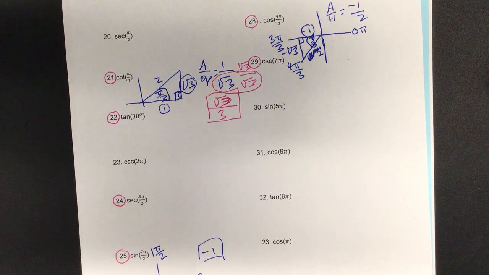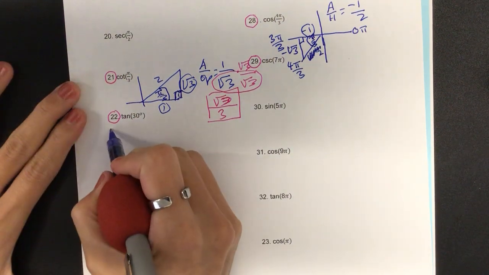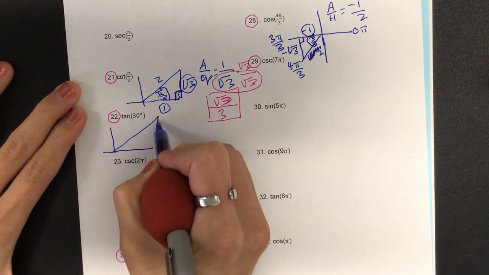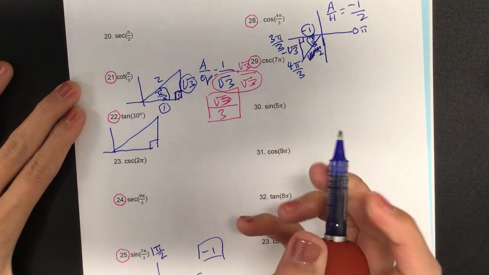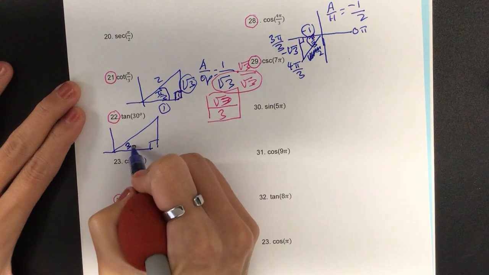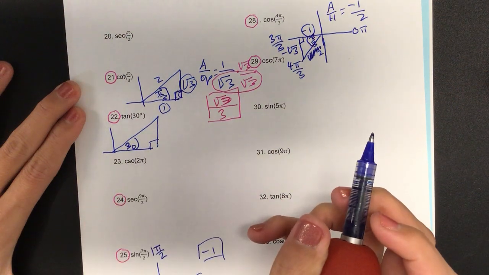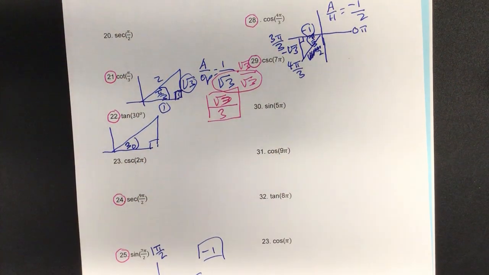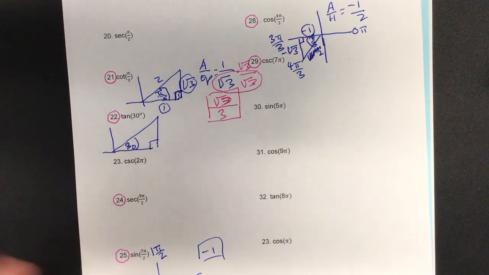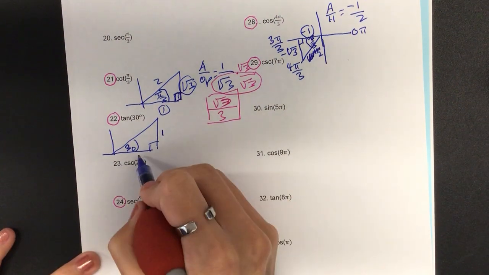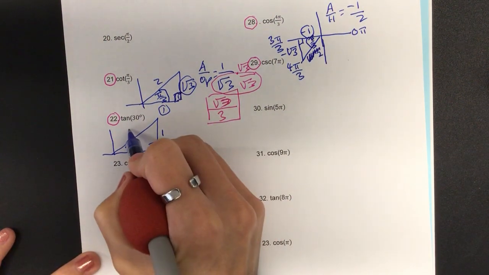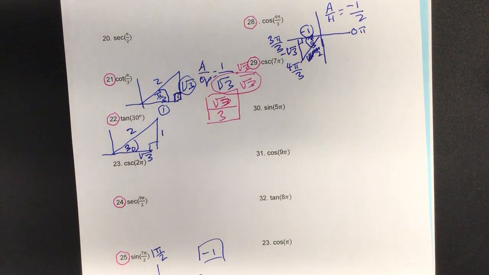Okay, now let's go to number 22. Now we're looking at 30 degrees. Go ahead and draw me a triangle. Here's my 30. So opposite of 30 is how many? 1, root 3 and what? Good, 1, root 3 and 2.